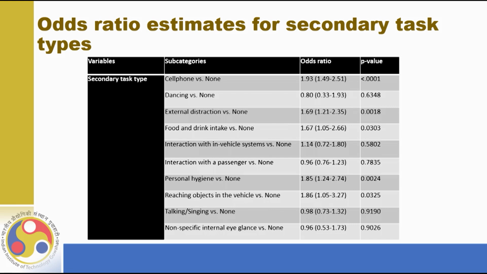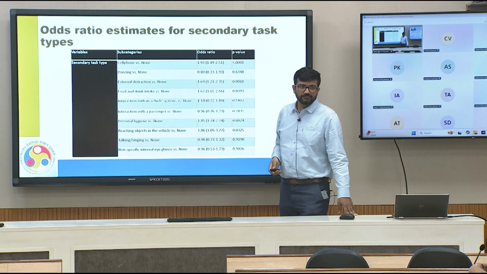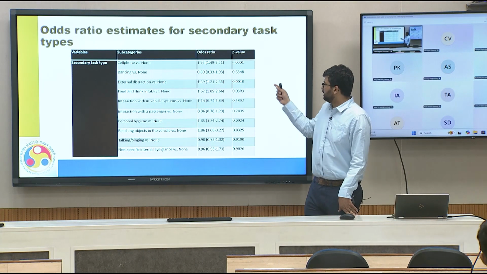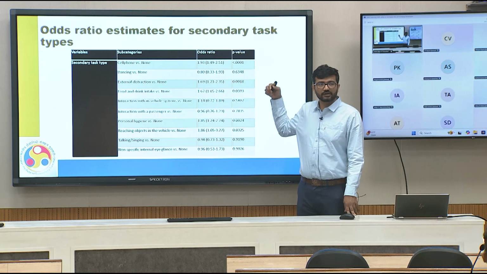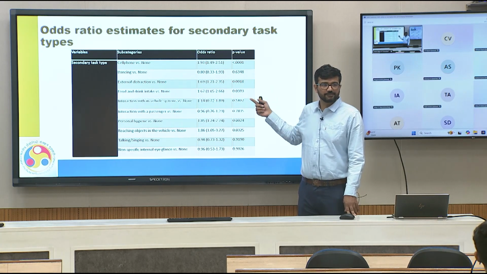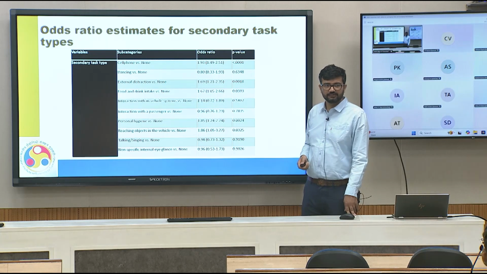That means applying makeup, fixing hair, all those aspects are found to be relatively dangerous tasks. From there we can identify the driving behaviors or factors that are significantly associated with, or more risky tasks performed by, these teen drivers.